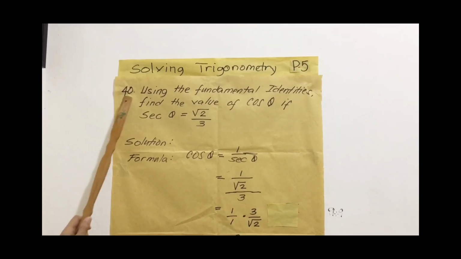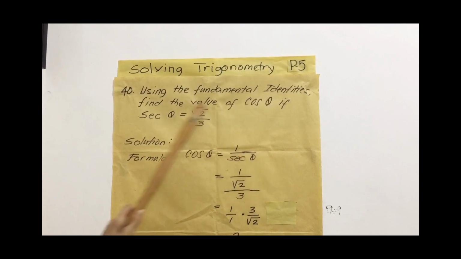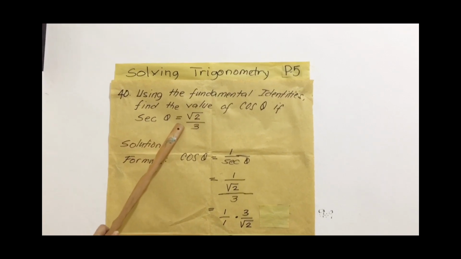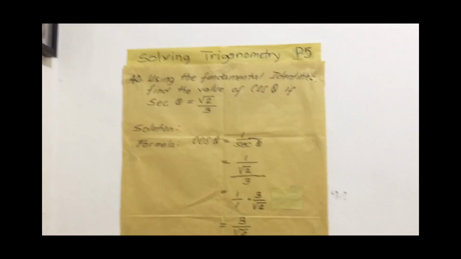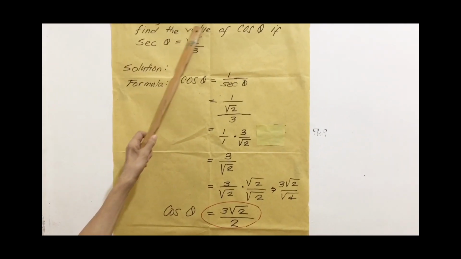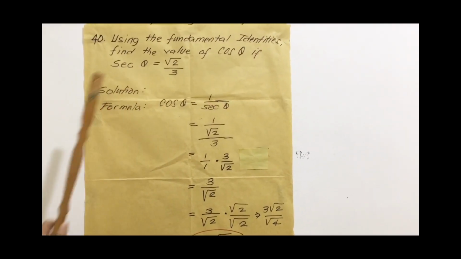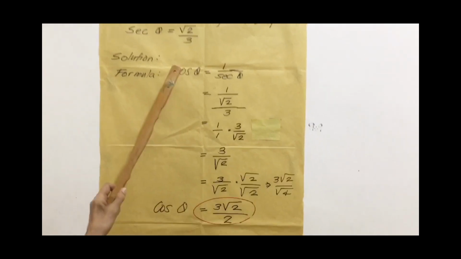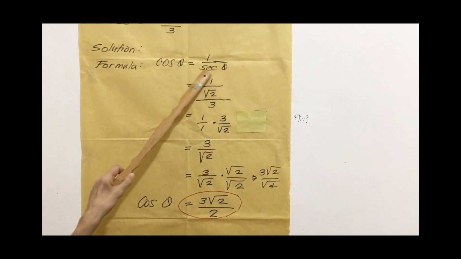Okay guys, number 40. Using the fundamental identities, find the value of cos theta if secant theta is equal to square root of 2 over 3. Theta means the angle. Since in this question we are required to use the fundamental identities, one of the formulas is cos theta equals 1 over secant theta.